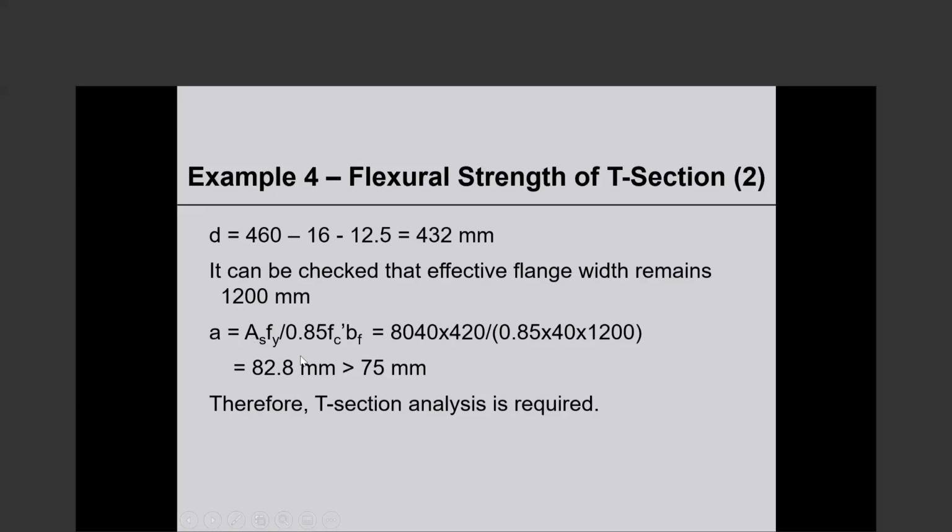We are checking whether the stress block depth is larger than the flange thickness. If the stress block depth were no larger than the flange thickness, then the stress block depth would have been, as you see here, the tension reinforcement force divided by 85% F sub C prime B sub F. And that comes out to 82.8 millimeters.